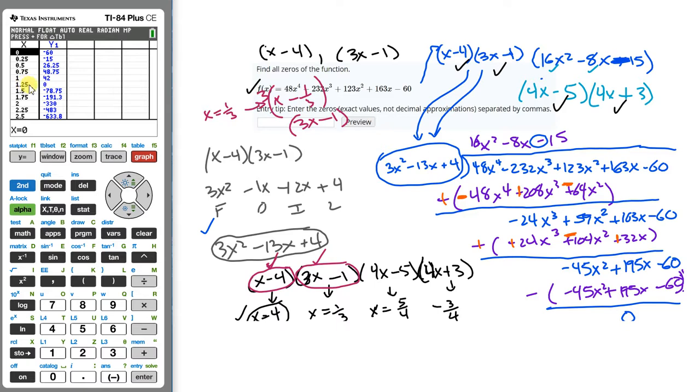So 5/4 is a rational 0, there it is. And then if I go in the negative direction, there it is right there, negative 3/4. So that's another way to do the problem. Fun, right? Let me check it. Yep, I just Googled it, and yep, indeed it is fun.